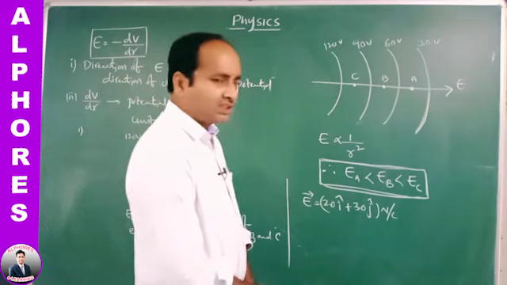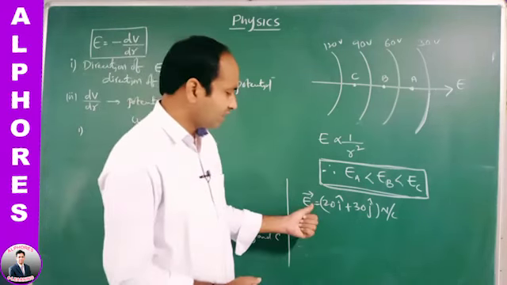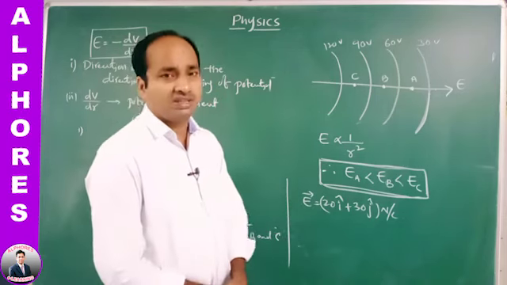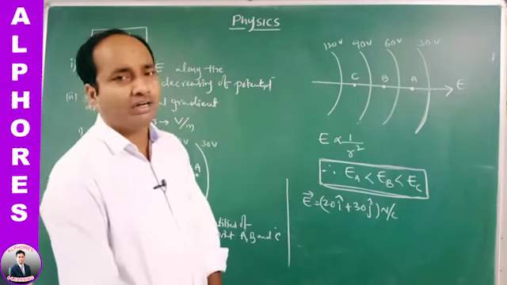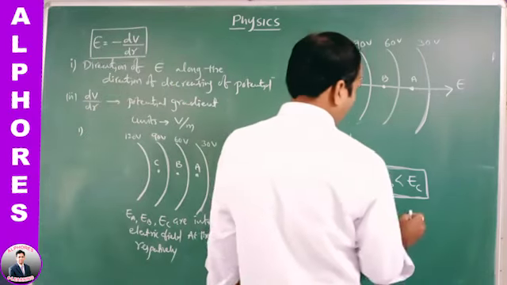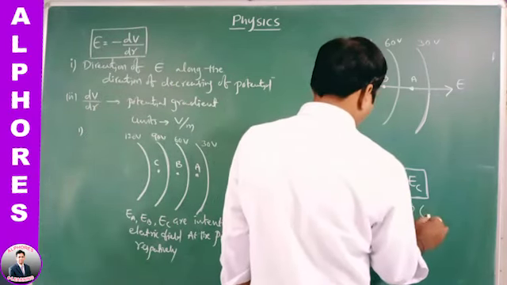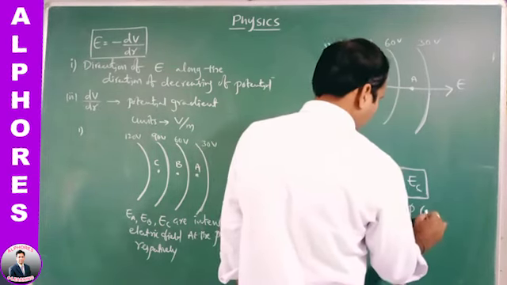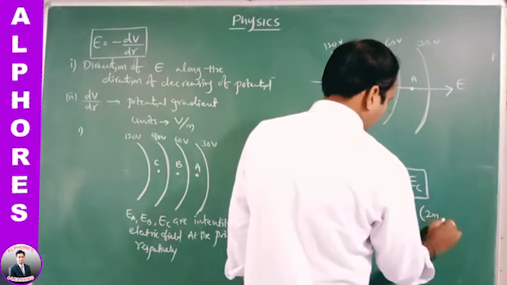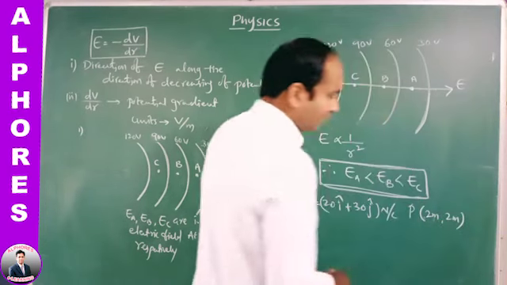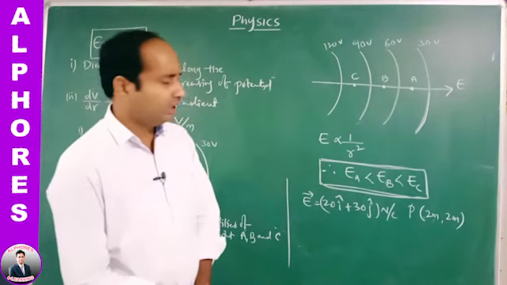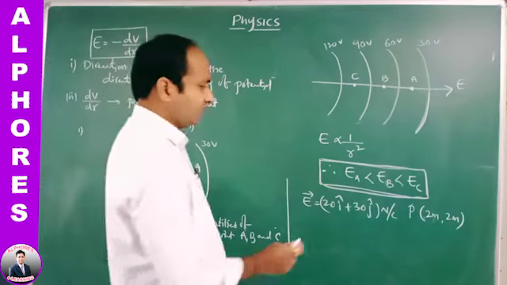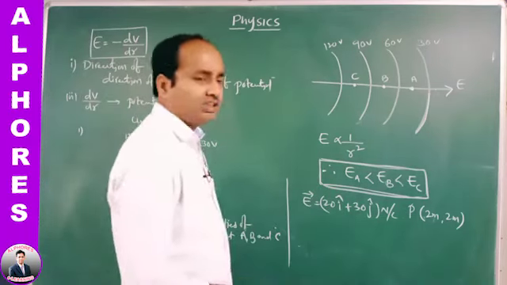Now, if the potential at the origin is 0, then find the potential at the point P of (2, 2) meters. The position is given as 2 meters, 2 meters.